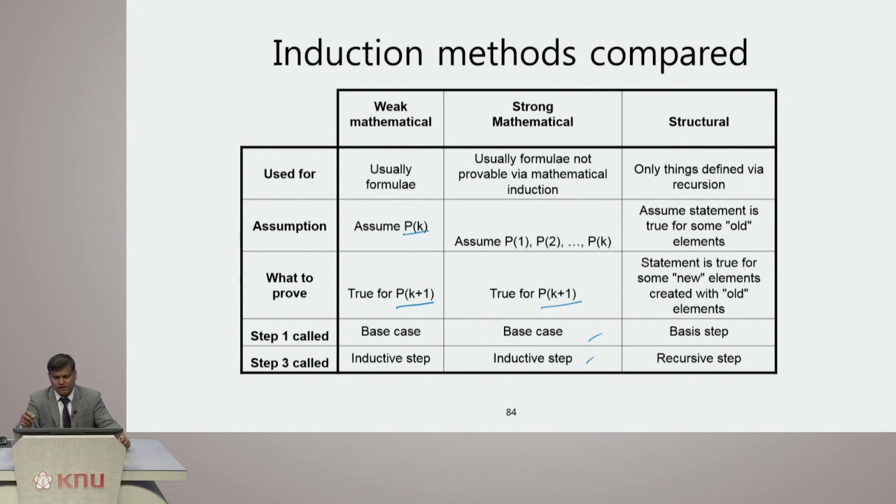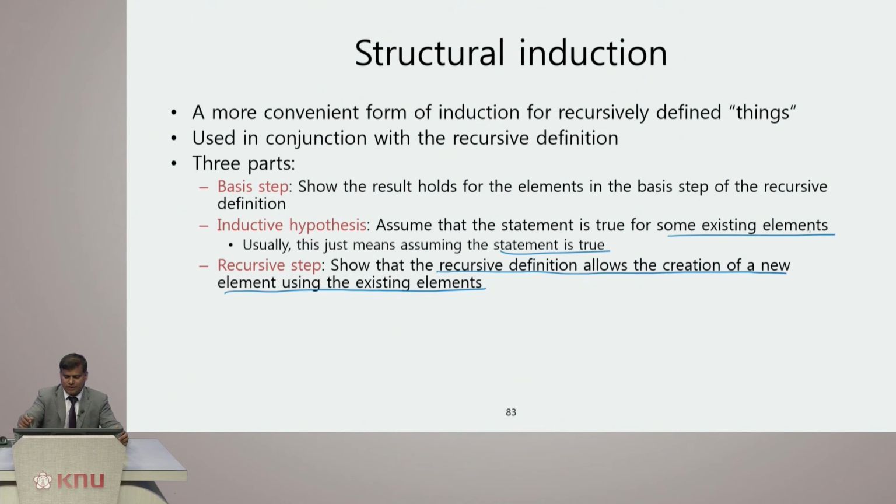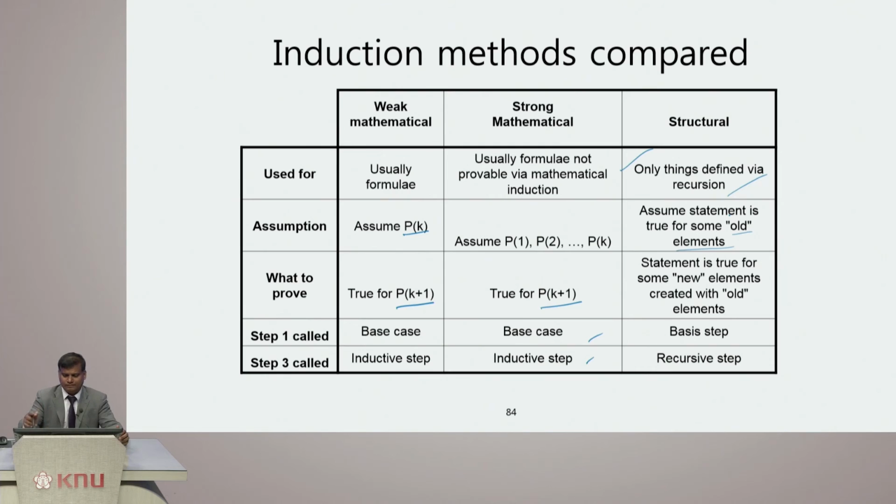For structural induction, for things defined via recursion, we assume the statement is true for some existing elements, and then show it is true for the new element that you create using the recursion.